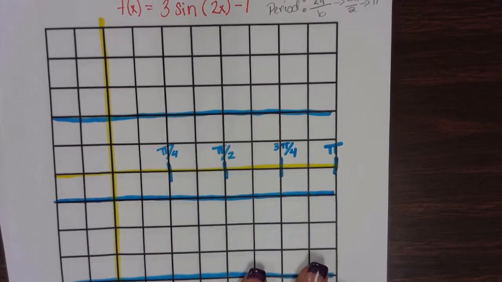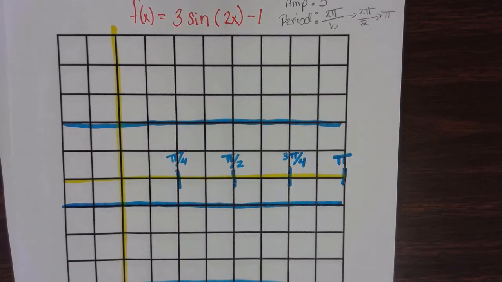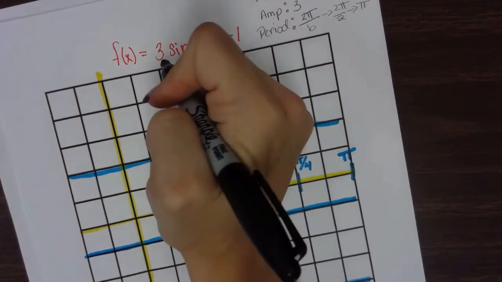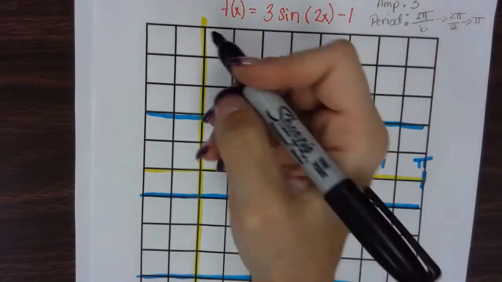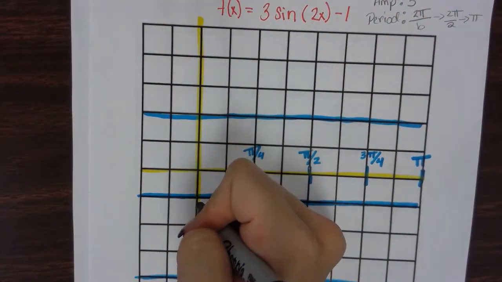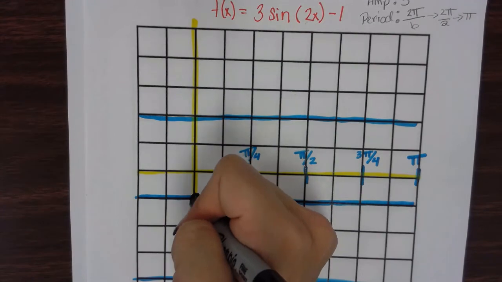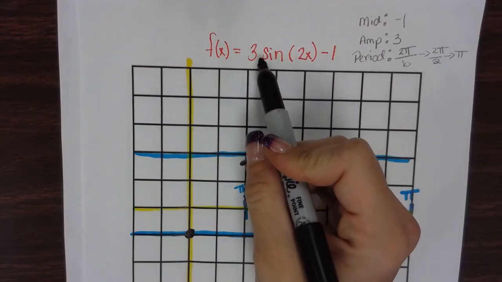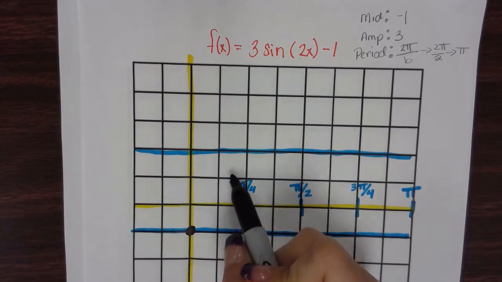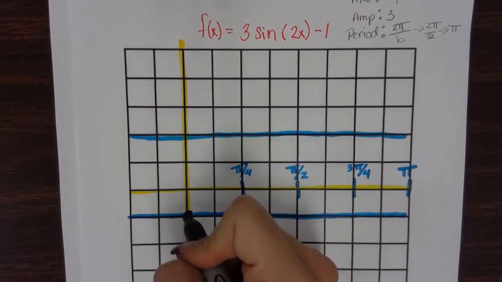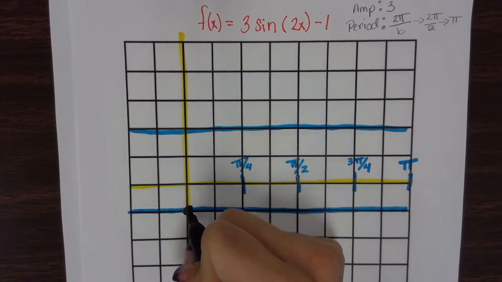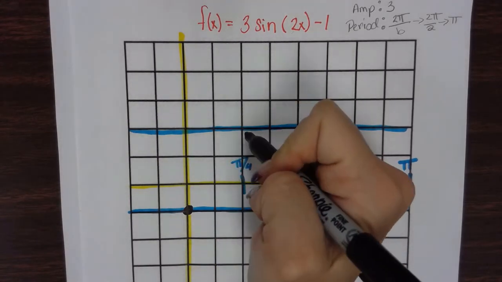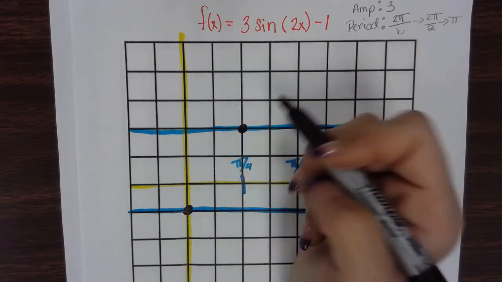Alright, now we need to actually graph our function. So this is the function of sine. Sine will always start at the midline. So on my y-axis, I'm going to start at the midline. Remember, I'm only putting points on the blue lines. And then it's positive, so my positive means I'm going to go up. If I had a negative, I would go down. So I'm going to go up to that next tick mark, and it's going to be at the very high end.